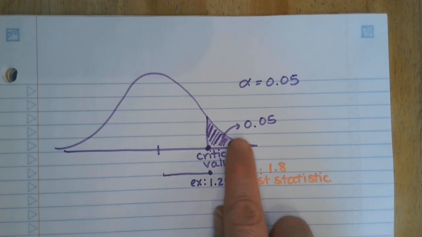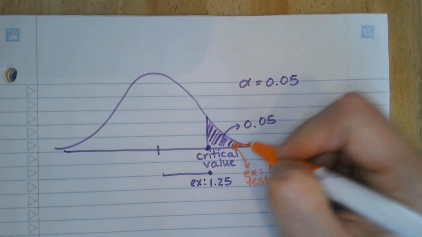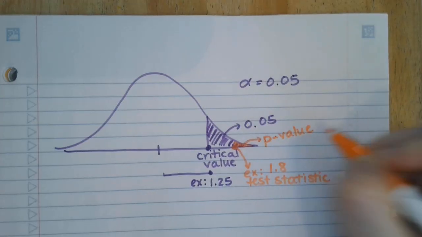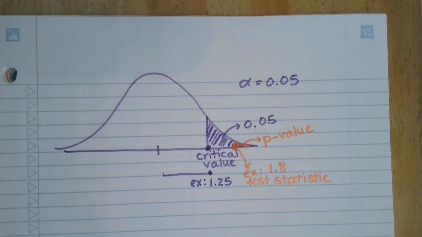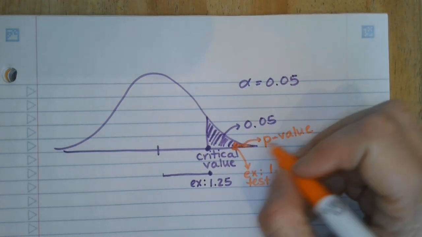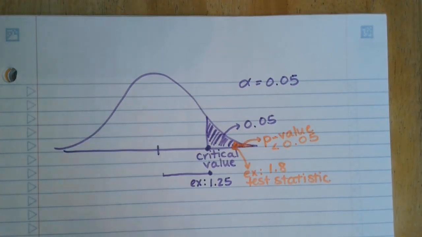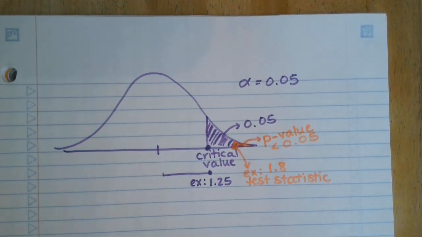That means its p-value is the probability of getting this value or even further from the mean. And so in this case, my p-value would be less than that alpha. Maybe my p-value is 0.0003, whatever it is, okay? In that case, I would reject the null hypothesis.